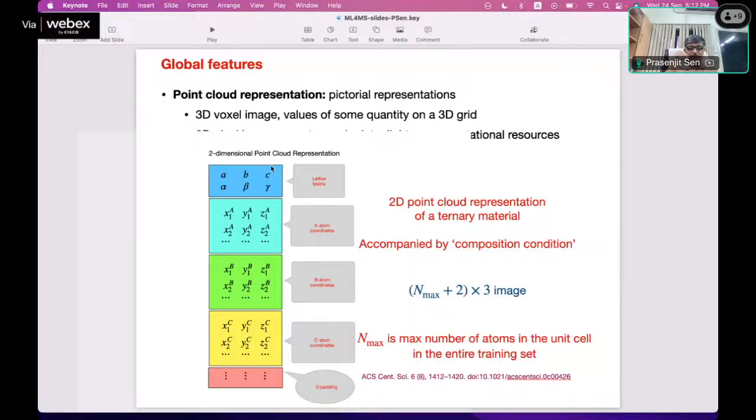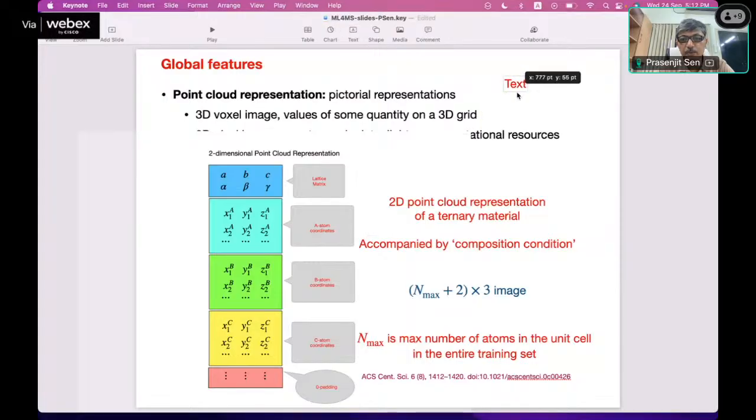So this is an image-based representation of a material, the first one that was reported in the literature. I'm talking of a ternary material. Three different elements are present in the material: A, B, and C. Let me write it out.